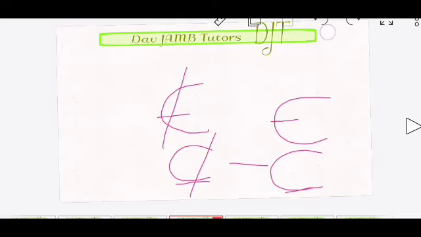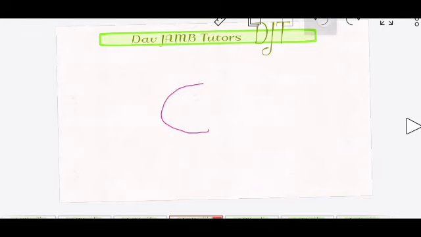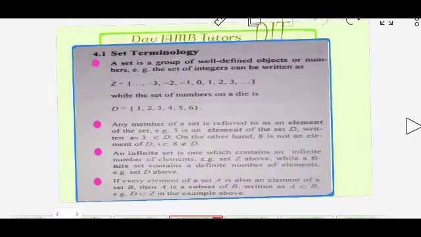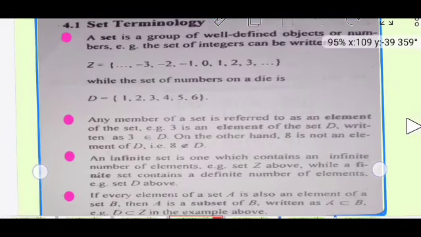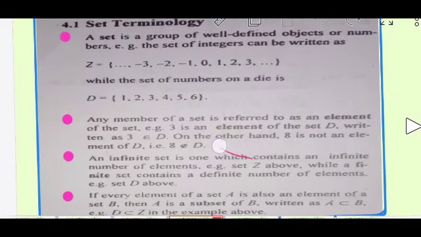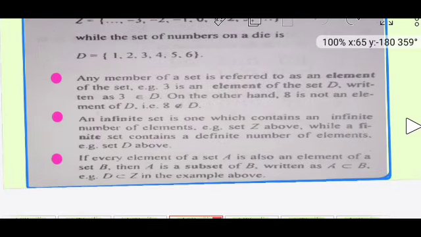So 8 is not an element of D. The next one says an infinite set is one which contains an infinite number of elements, e.g., set Z above. This set Z we have here.